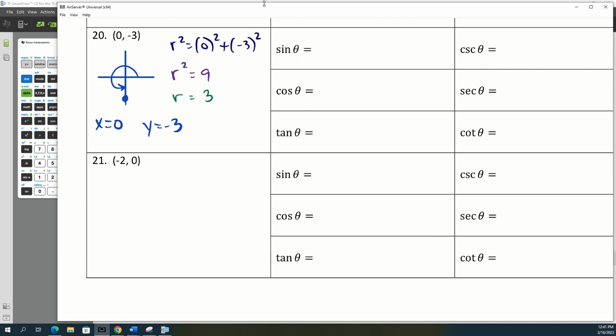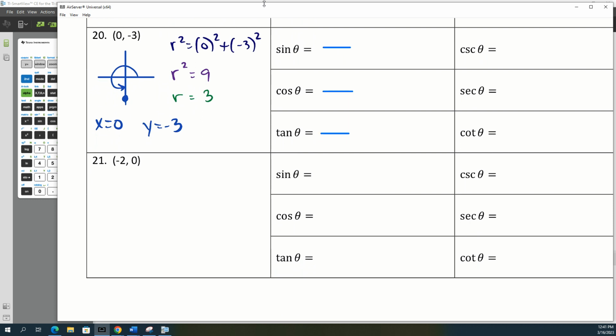All right, so r is 3. Okay, then we're going to use our x, y, and r rules to find sine, cosine, and tangent. And this one turns out kind of weird, but we can figure it out.